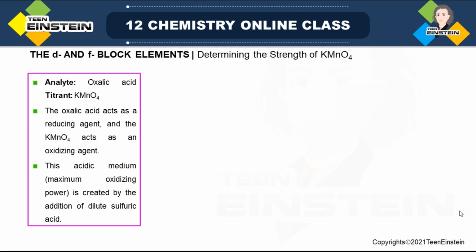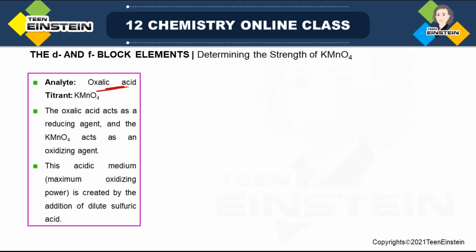For that you have to first determine the actual concentration of KMnO4, and for that purpose we will use another known solution of another reducing agent whose concentration is properly known, and that reagent is oxalic acid. It will act as a reducing agent, and KMnO4 acts as an oxidizing agent.